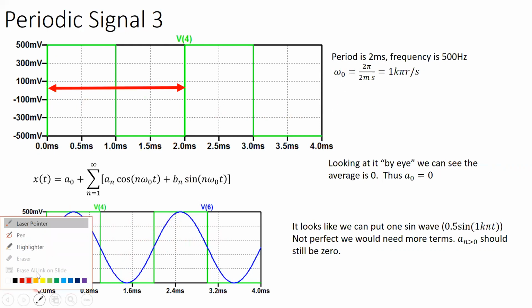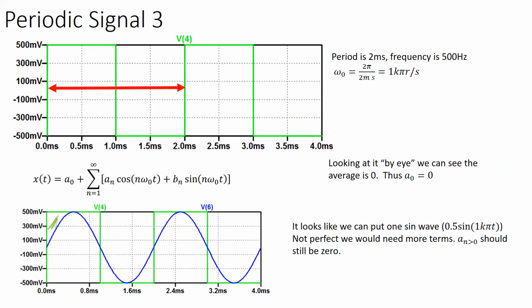Of course, there's this error where it's not the same. It's not a perfect representation. You might even say it's a terrible representation.